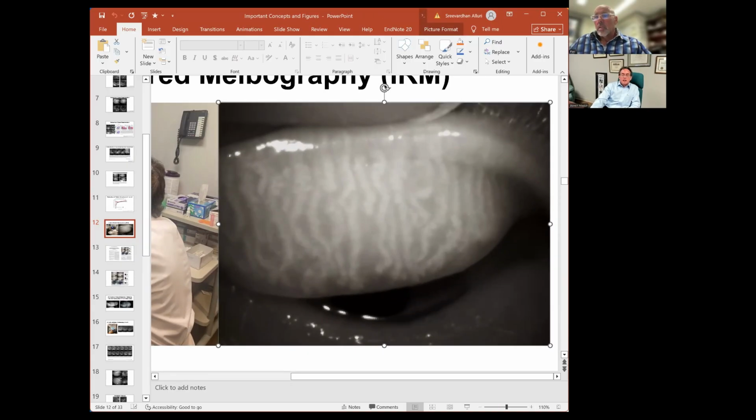This is an upper lid, and we see areas of atrophy in the center, so we call that proximal atrophy. We see multiple areas of tortuosity. We see cystic deformities of acini right there, and next to the gland right there. Yep, cystic deformities.